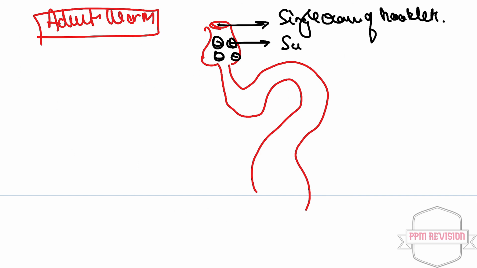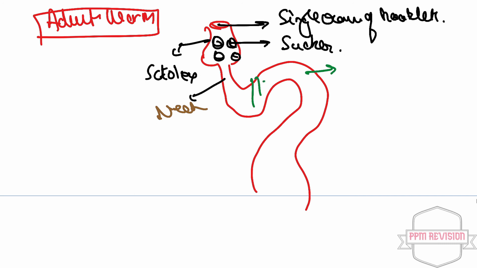These are nothing but the suckers. The scolex is this. Next, we also have the neck part. Next, we also have the proglottid segments. And this is nothing but the gravid proglottid.